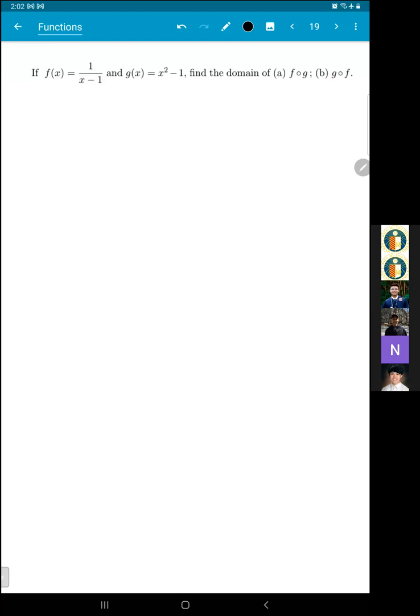Now, by the way, what does f of g mean? What does this symbol mean? F circ g. From the word circle, so f circ g, or just read it as f of g. What does that mean? Anyone? Yes, it is f of g of x.